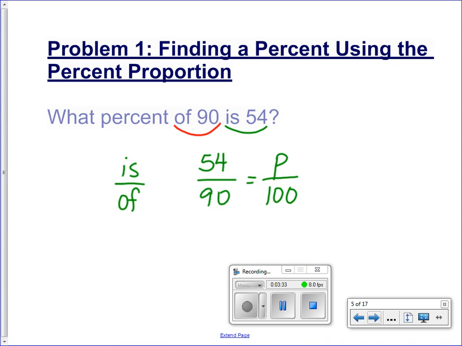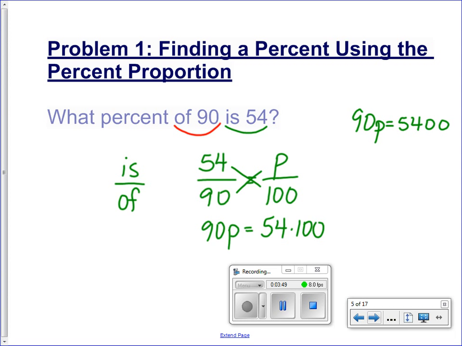Cross multiplying, we have 90 times P is equal to 54 times 100. Solving, we have 90P is equal to 5400. Dividing both sides by 90, we get P is equal to 60.